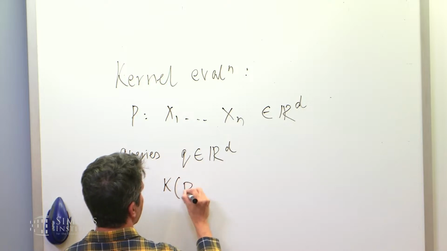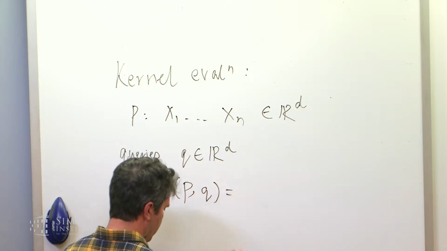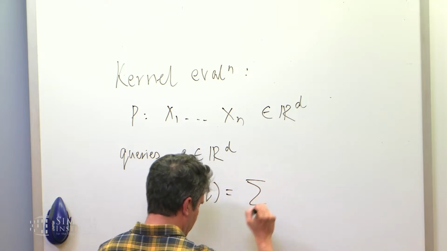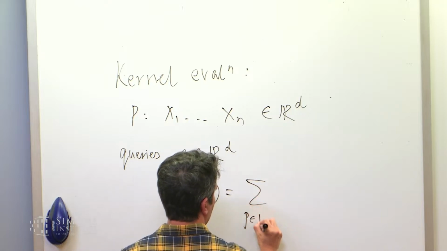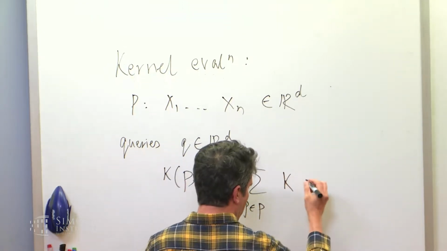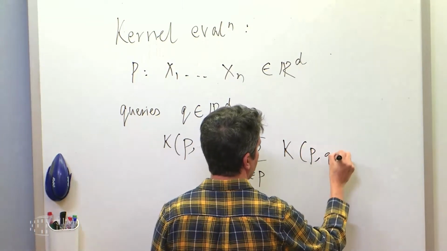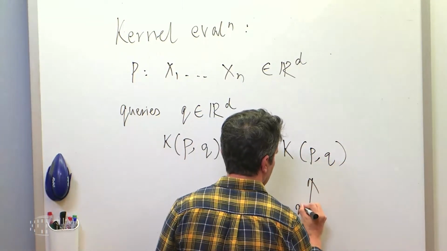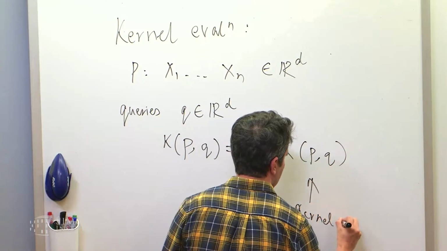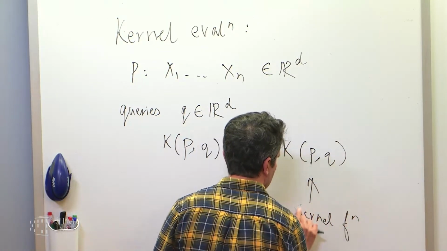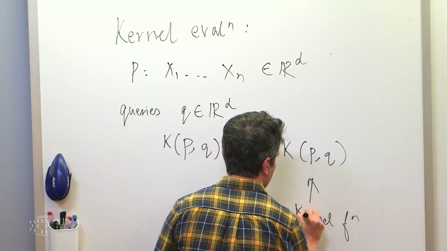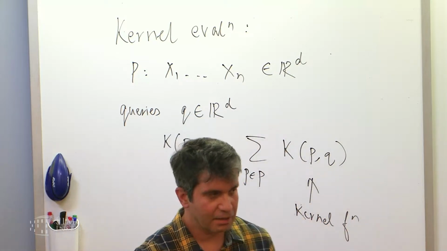over the data set, the sum of this so-called kernel function over the entire data set. So there's some function k(p, q).